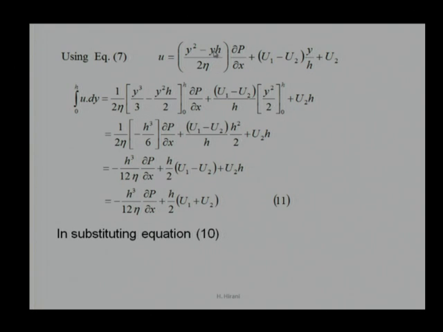There is a term y, h is constant, and the integration of y will be y square by 2, and the 2 eta is taken out as common. The pressure gradient does not depend on y, and the integration limits are h and 0, plus this velocity is not a function of y, h in this case is a constant, it is not a function of y over here, and y is coming over here. So, y will be integrated like y square by 2. There is no term related to y, u 2 is constant.